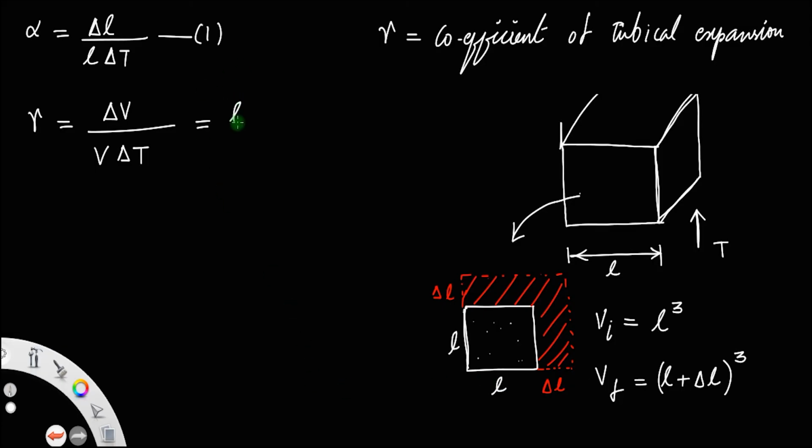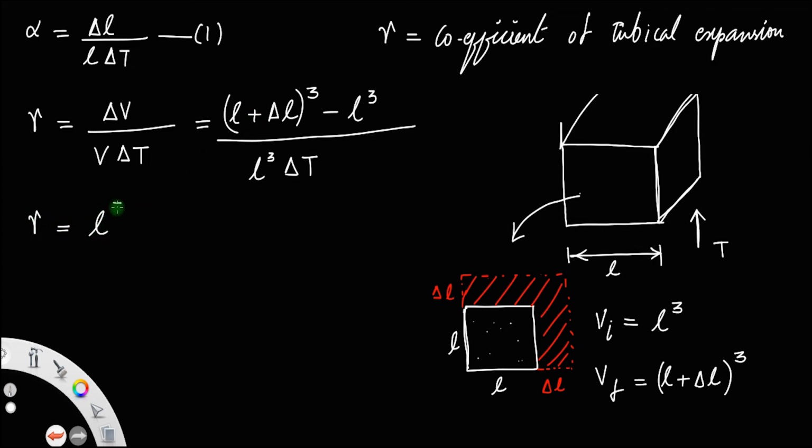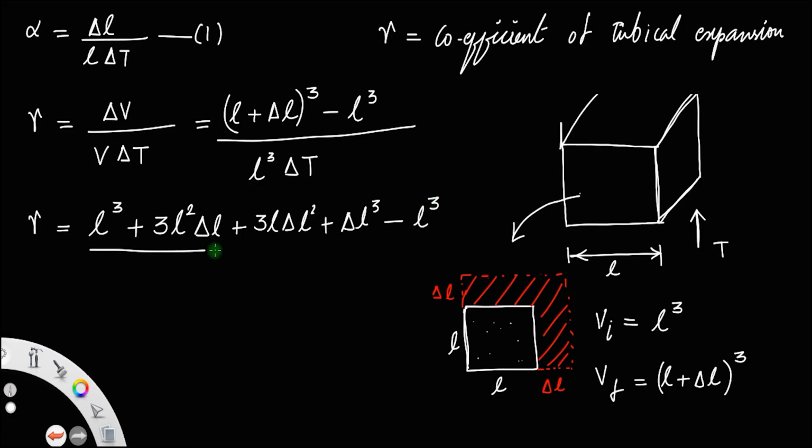So change in volume is L plus delta L whole cube minus L cube, divided by the original volume L cube delta T. So gamma is equal to, on expanding this, L cube plus 3L square delta L plus 3L delta L square plus delta L cube minus L cube, divided by L cube delta T. You can cancel this L cube and this L cube.